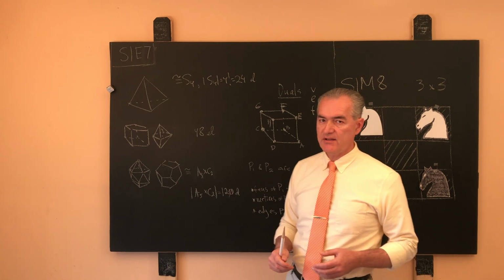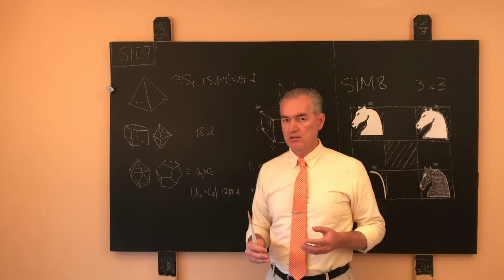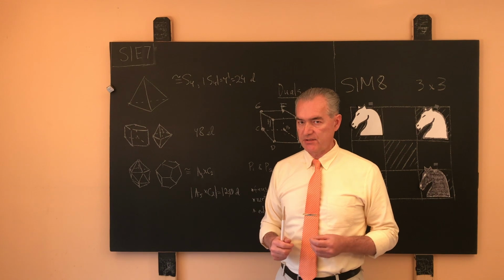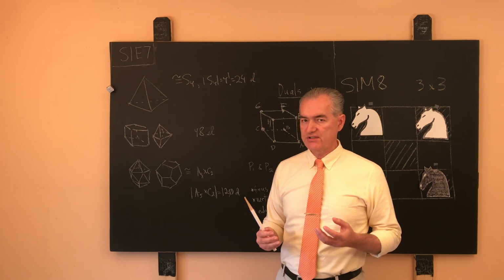Now, before I said that when the theory of groups looks at these 5 Platonic solids, it sees only 3. What does that mean?